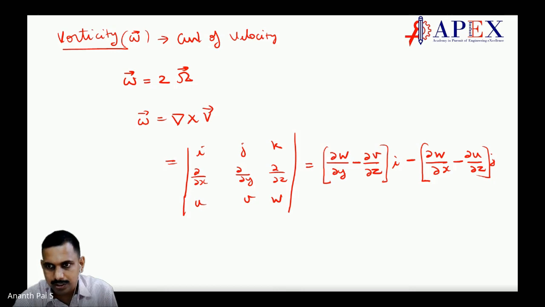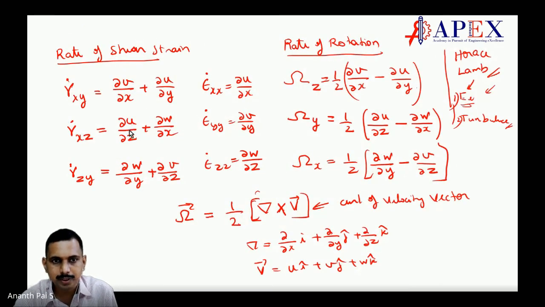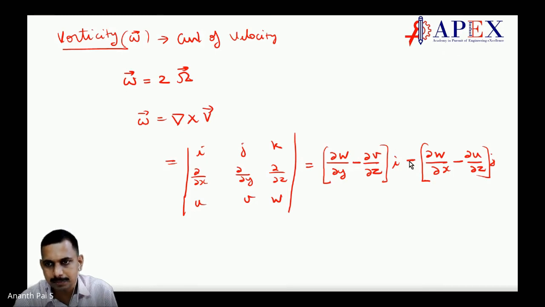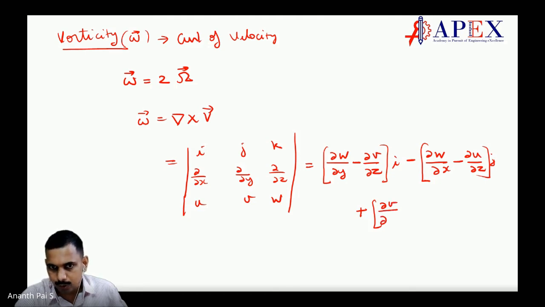Observe, u comes first, w comes later. But here, because this minus is not taken inside, if I take minus inside, this would become plus. Sorry, this would become plus and this would become minus. It would interchange its position. Okay, plus we have dou v by dou x minus dou u by dou y would be k.